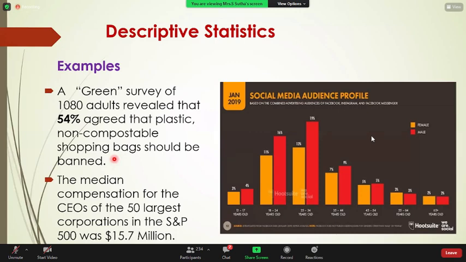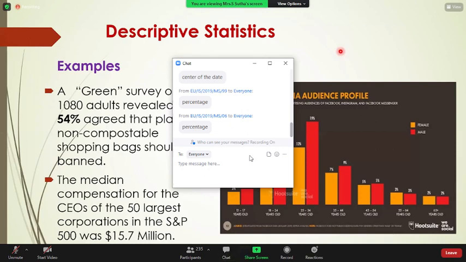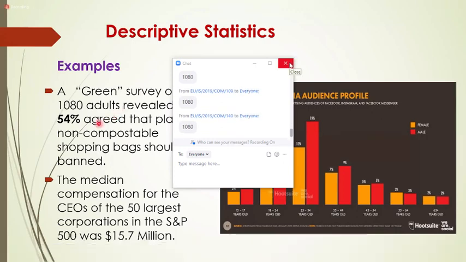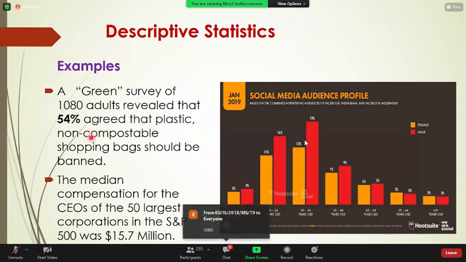put the answer in the chat box. How many adults did we surveyed? 1,080 adults, right? 1,080 adults were surveyed. What did we ask about?